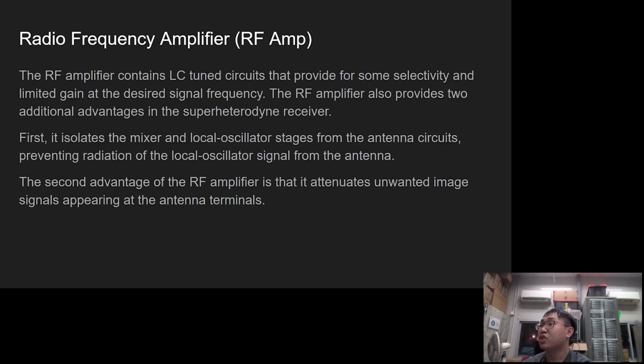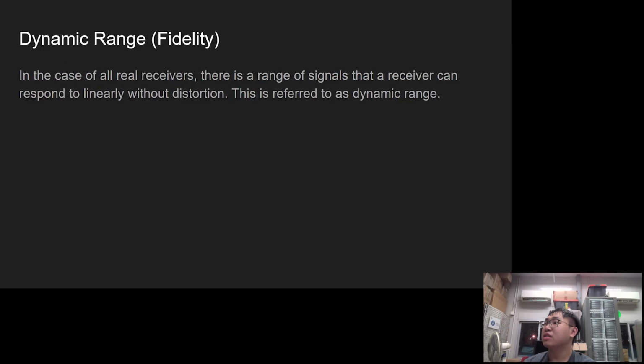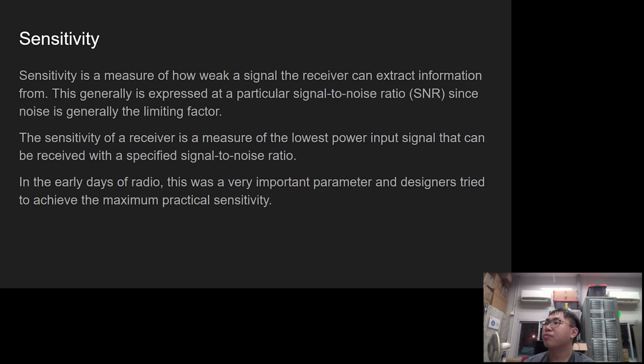The second advantage: once you have a very good RF signal, the unwanted image signal, the image frequency signal, is much weaker than you expected. So you will not hear a strong signal from the image frequency. You can guarantee a very good signal strength, high sensitivity.